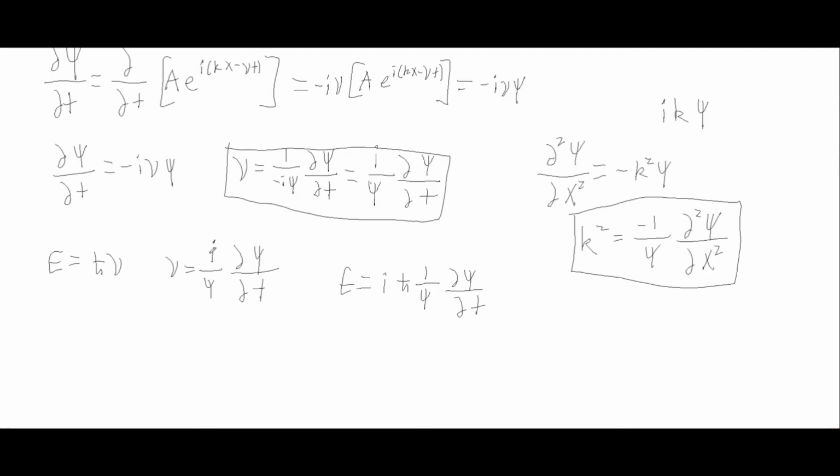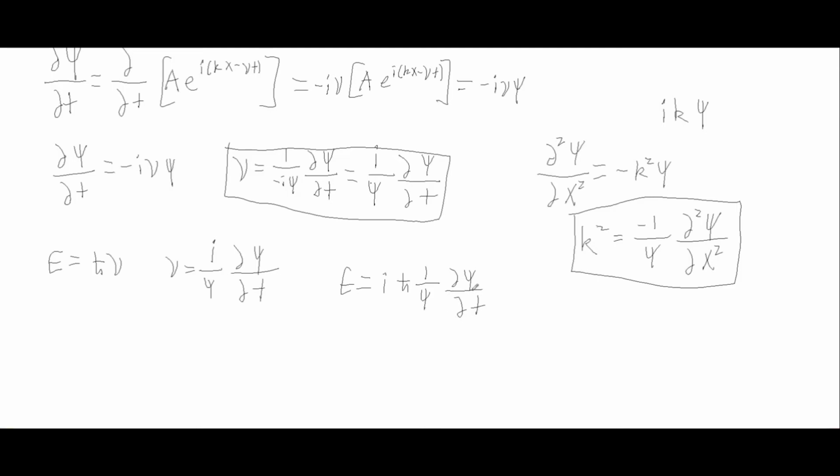And I've just moved the i out in front of it here instead of having it over the psi there. You could also just have this i h bar over psi multiplied by the partial derivative of psi with respect to t.